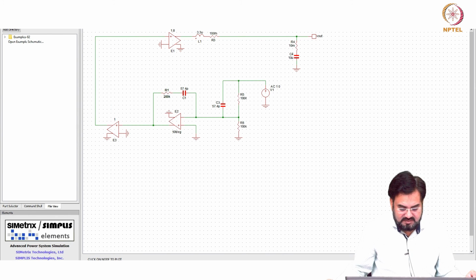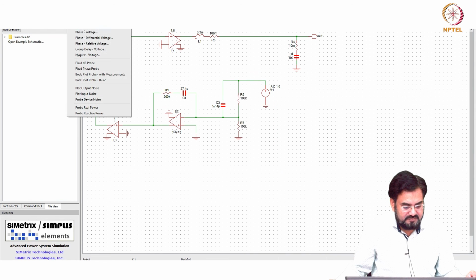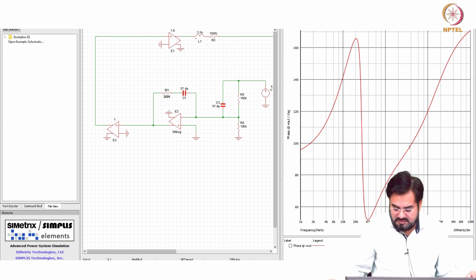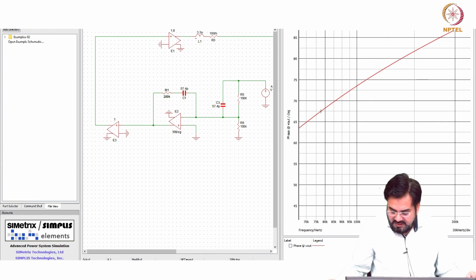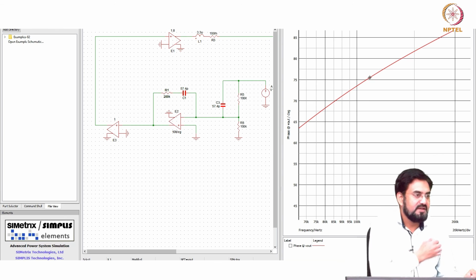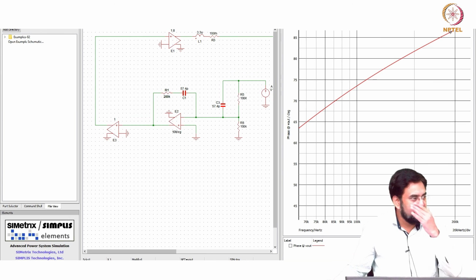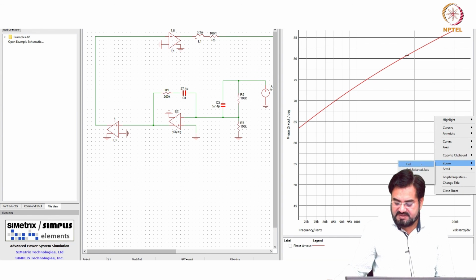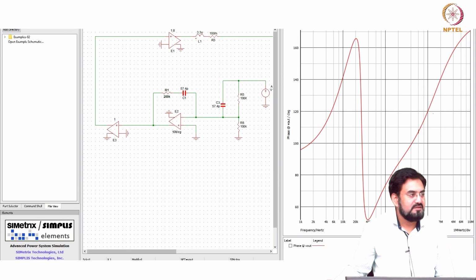Phase at 110K, 75 degrees you are getting, and it will keep going because we do not have any pole. So your phase will keep going, and where will it go? Maximum phase shift 90.